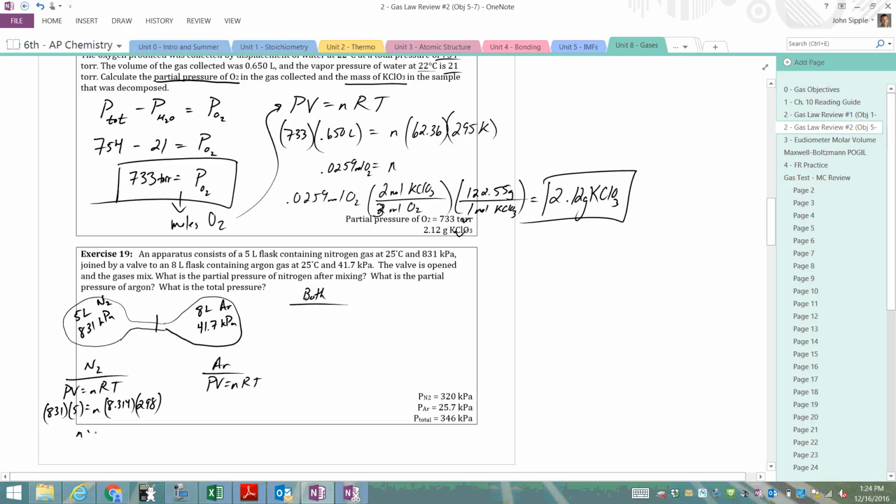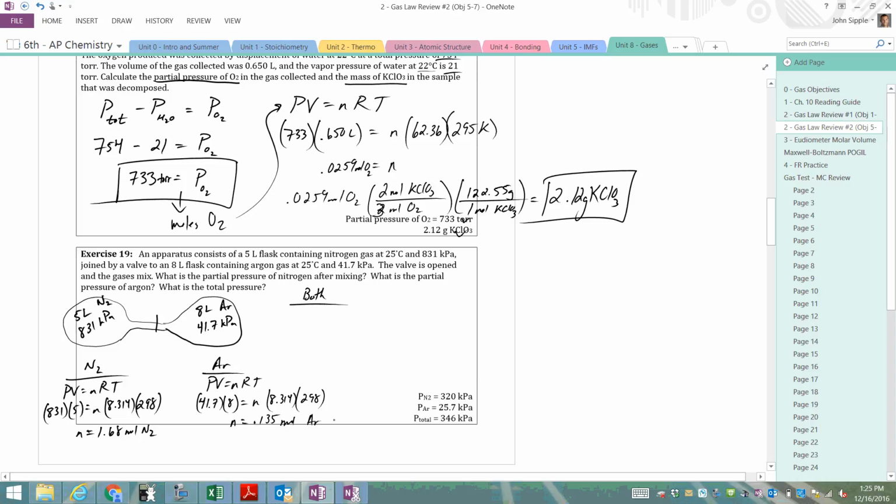So we know there are 1.68 moles of nitrogen gas. We do the same thing here for argon: 1.7 kPa, volume is 8 liters, equal to n times 8.314 times 298. So moles of gas equal 0.138 moles of argon.